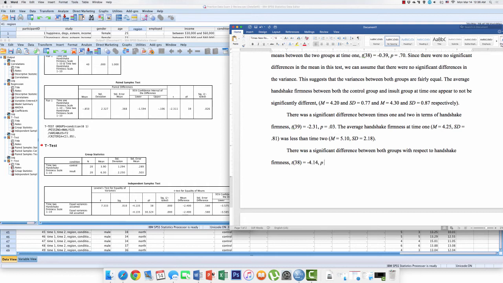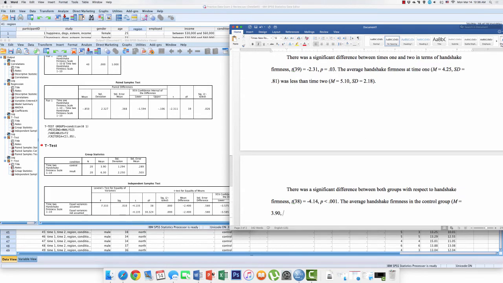And the p-value is less than 0.001. Okay, so the average handshake firmness in the control group equals 3.90, 1.29, was less than the insult group.